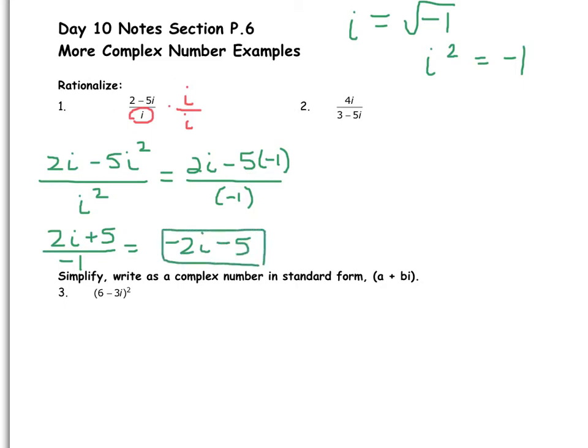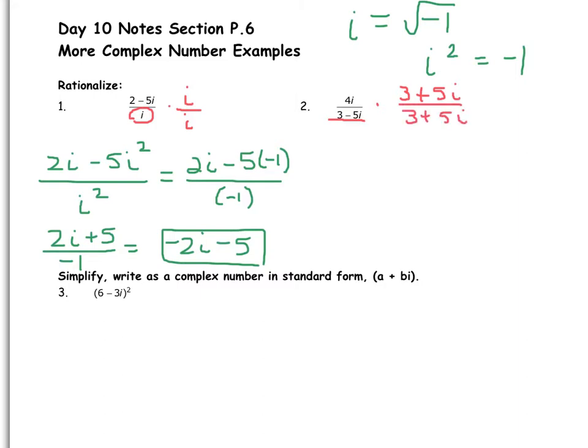In the second case, we've got two terms in the denominator. We've got a two-term expression. So the rationalizing this time has to occur by multiplying top and bottom by the conjugate, which in this case is going to be 3 plus 5i over 3 plus 5i.